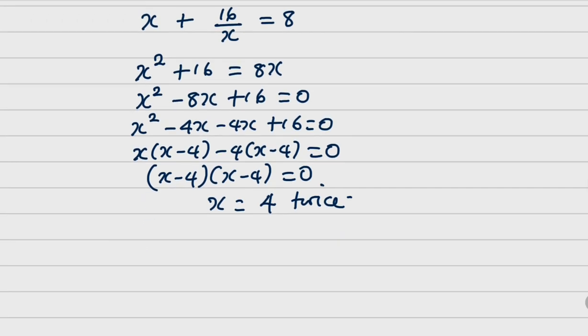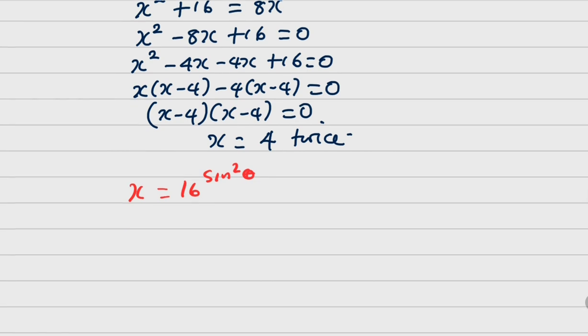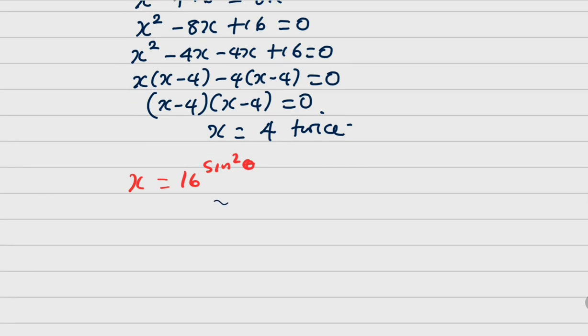Then I will now take it back. Remember we said x is equal to 16 raised to power sine square theta. So therefore, since x is equal to 4, we are going to have 16 raised to power sine square theta is equal to 4.